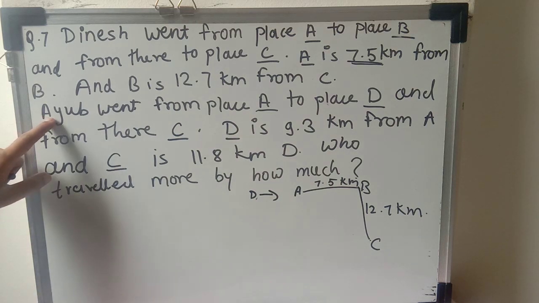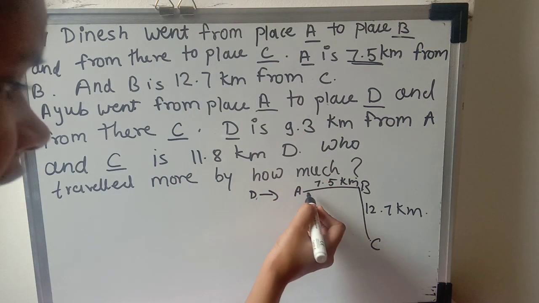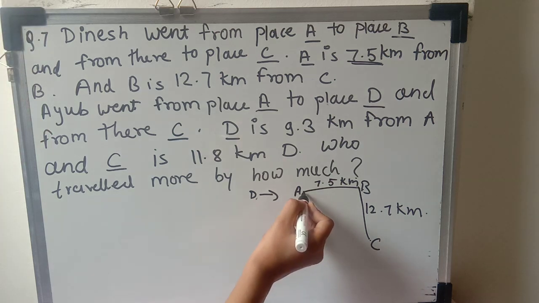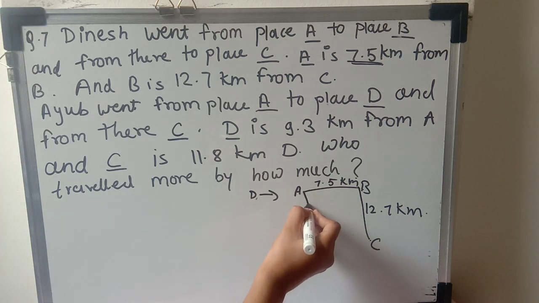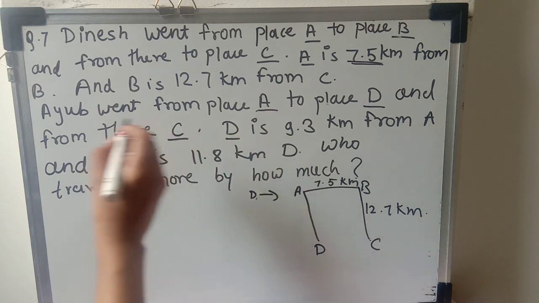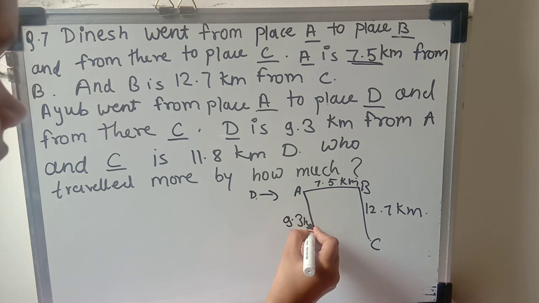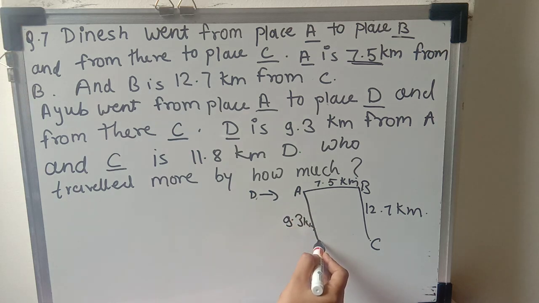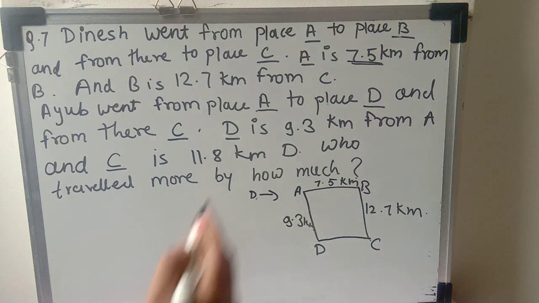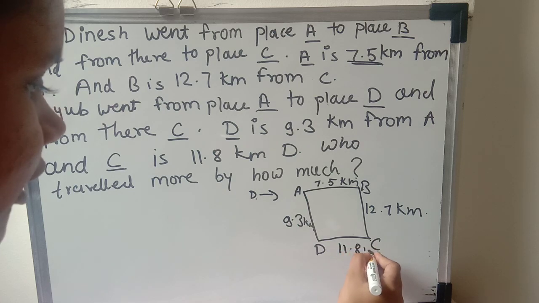Now we have to see that Ayub also started his traveling from the point A. Okay, that is the same point. Then he went from point A to point D, and the distance from point A to D is 9.3 km. Then again he moved from point D to C, and that distance is 11.8 km.